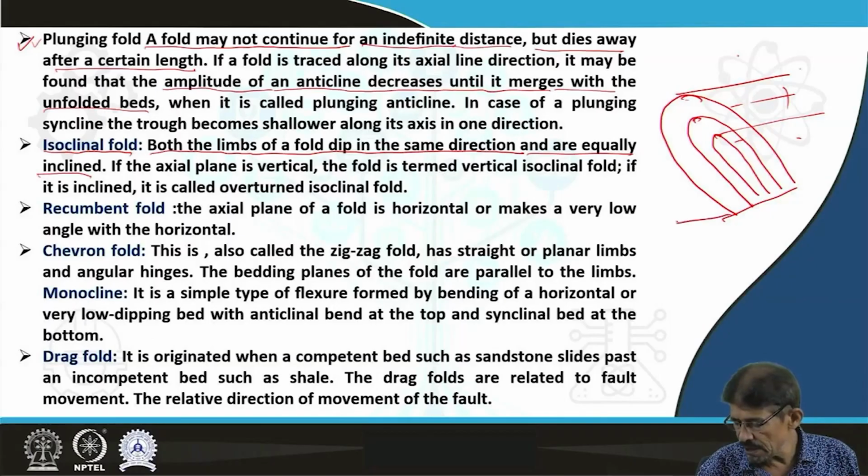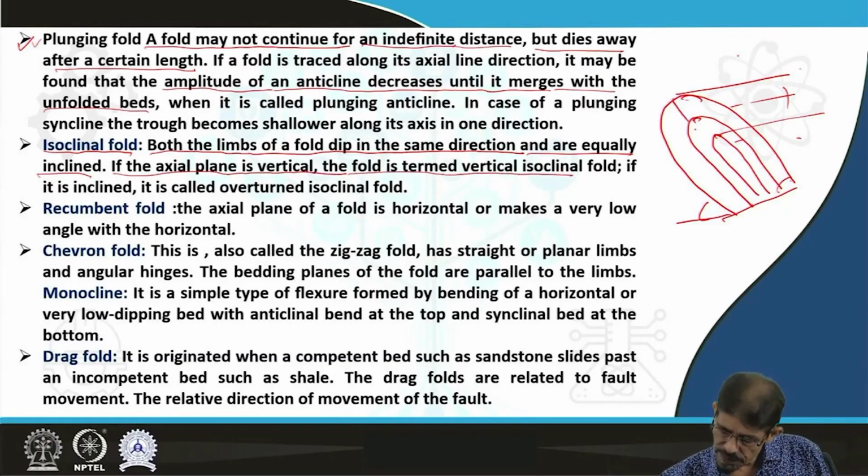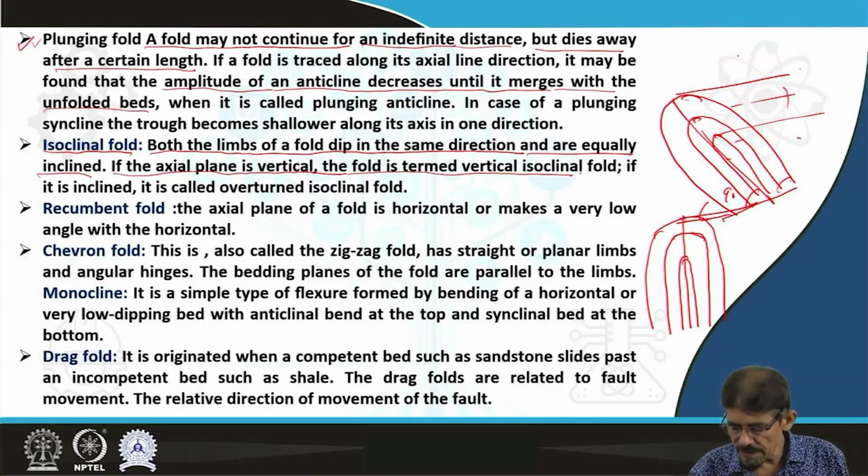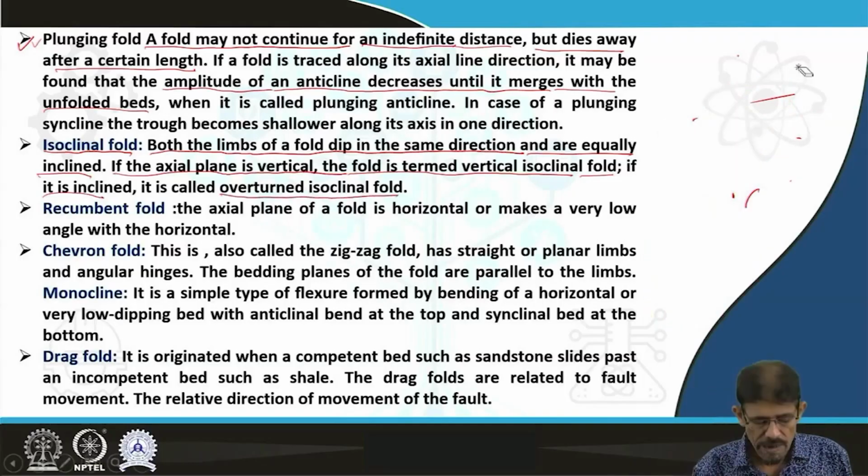The inclination of this and the inclination of this are the same. If the axial plane is vertical, the fold is called a vertical isoclinal fold. So if this is vertical, at 90 degrees, like this, then it is called a vertical isoclinal fold. If it is inclined, then it is called an overturned isoclinal fold.